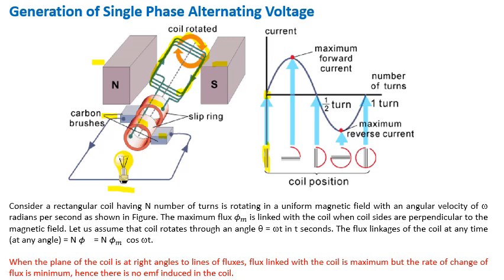After a certain time, when this coil is rotated through 90 degrees, it means this coil has now become horizontal. The coil is experiencing increased magnetic lines of force.